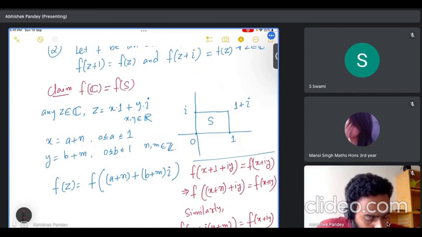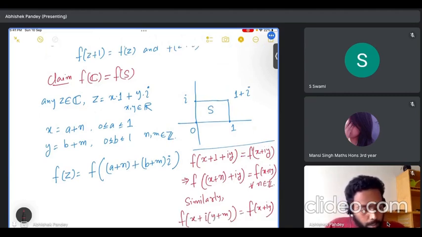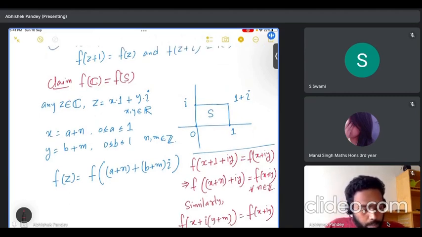This will hold for every integer n. So f of x plus iy plus 1 is equal to f of x plus iy. Then x plus 1 plus iy is again a complex number. If you add 1, then it is f of x.